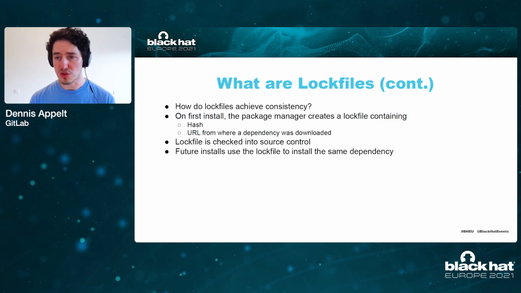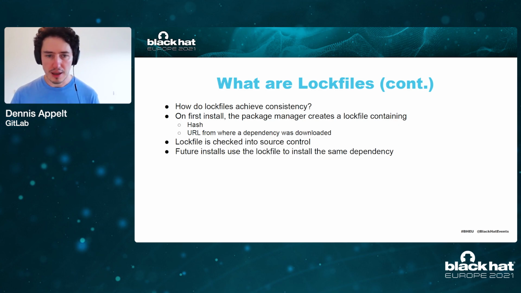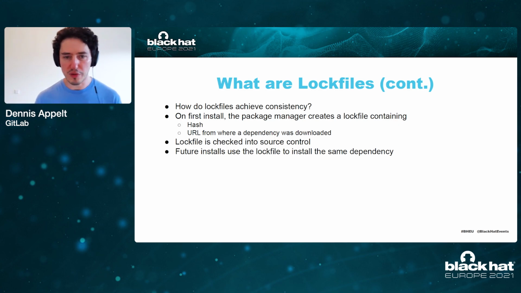Lockfiles are checked into source control, so that future installation runs can pull them down from source control and then work based off the Lockfile. And I really want to stress this point that Lockfiles are version controlled, because this is where Lockfile tampering comes in. If an attacker manages to get a malicious modification to Lockfiles merged, then potentially attacker-controlled dependencies will be installed on future installation runs.